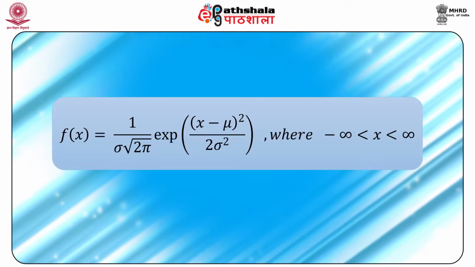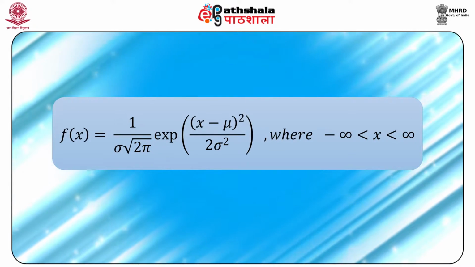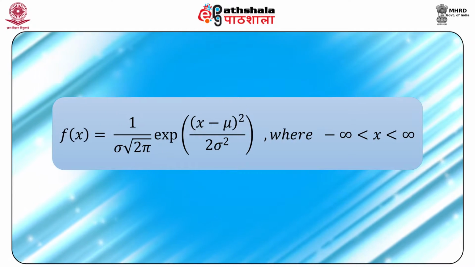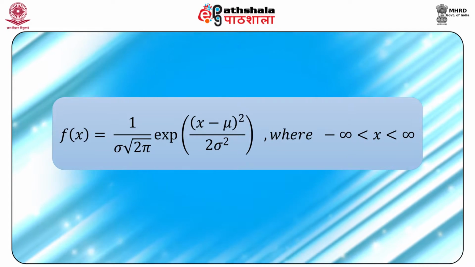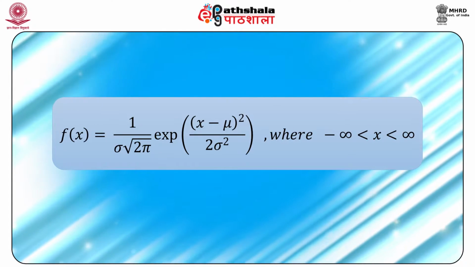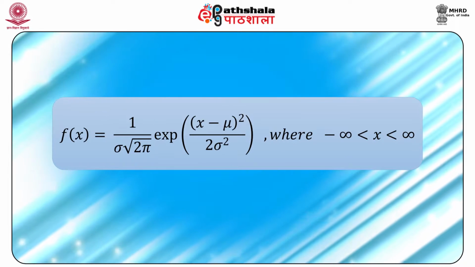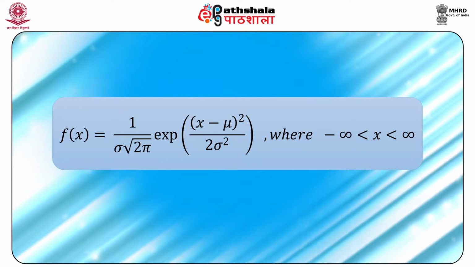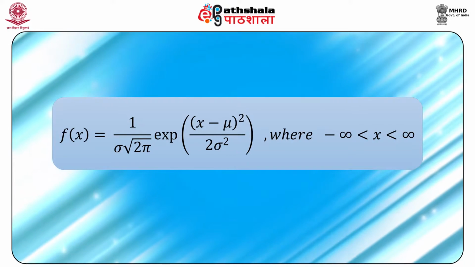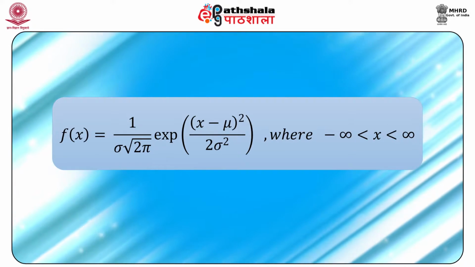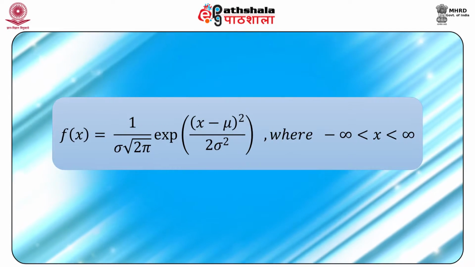So normal distribution, as you all know perhaps, is the most popular probability distribution with a bell-shaped figure. A normally distributed random variable x has the following probability density function: f(x) is equal to 1 upon root 2 pi sigma into exponential of minus (x minus mu) square upon 2 sigma square, and the value of x lies between minus infinity and plus infinity.